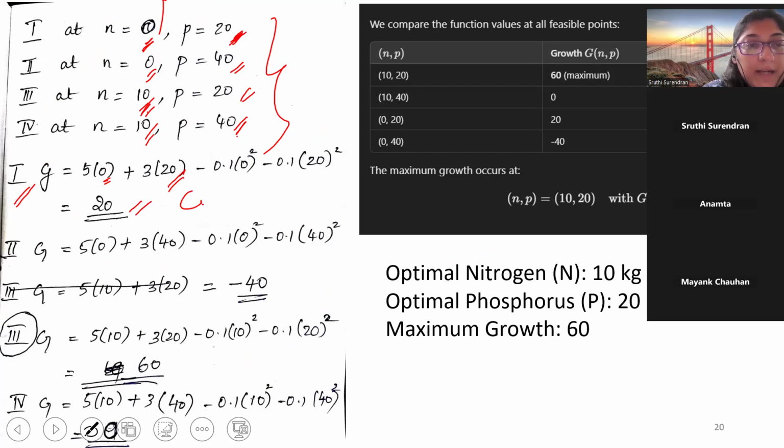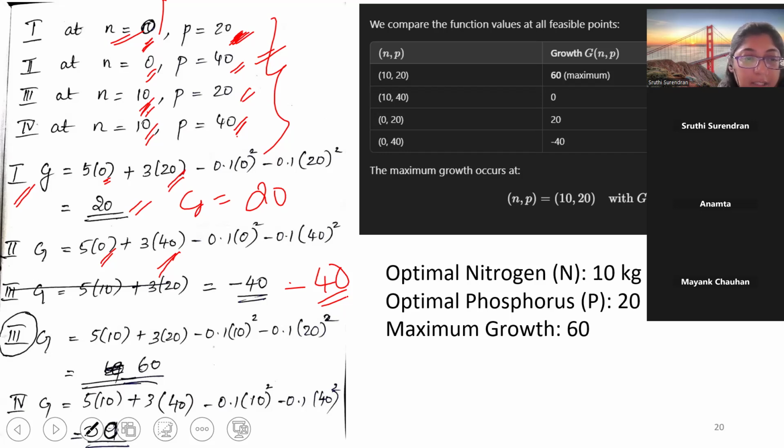So the growth of the plant when 0 nitrogen is given and 20 kilograms of phosphorus is given is 20. Similarly, we will do it for the second condition when nitrogen is equal to 0 and phosphorus is equal to 40. What is going to be the growth? It is going to be a negative growth. So then this obviously is not a possible solution.